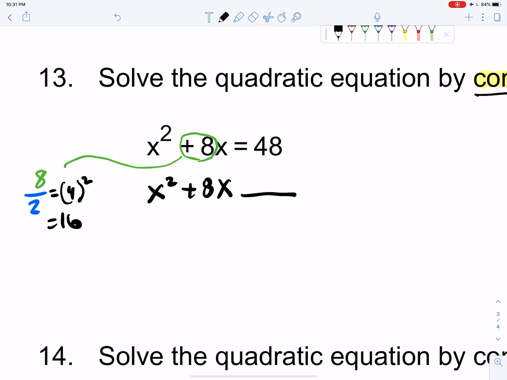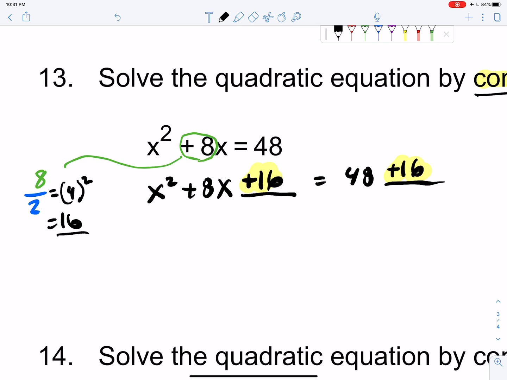I'm going to put a little space on each side, because whatever we do to the left, we must do to the right. So I'm going to add 16 on the left to complete the square. Why am I adding it on the right? Well, I have to keep the equation balanced.